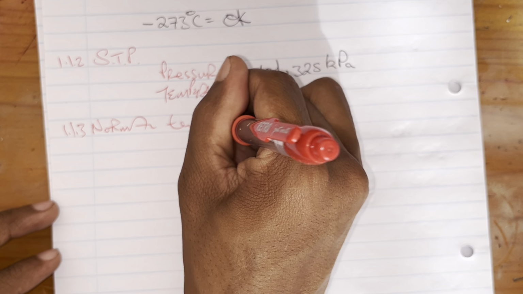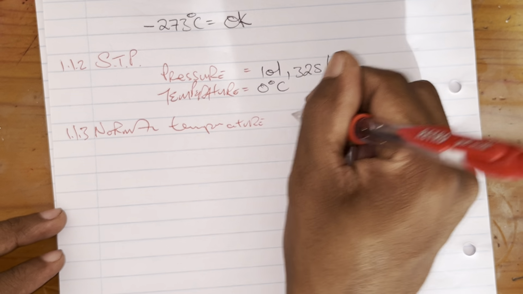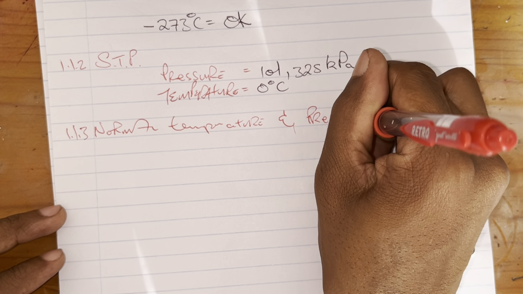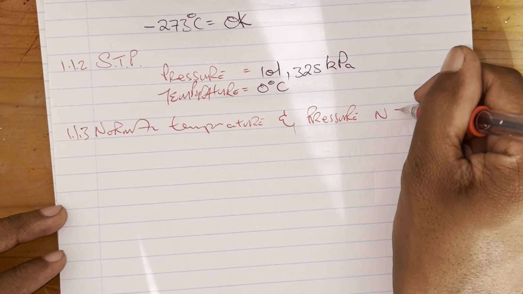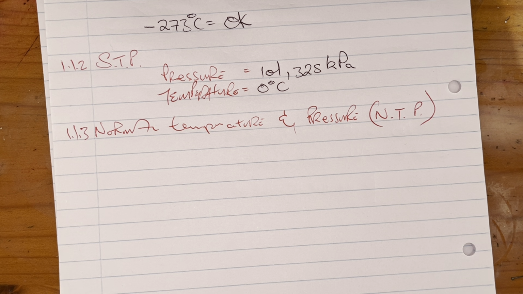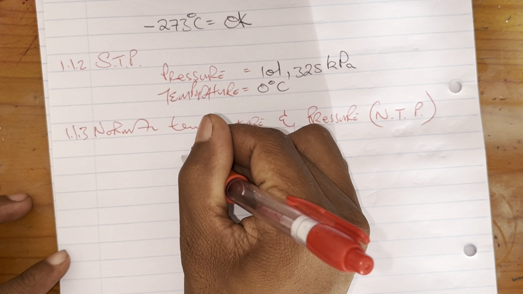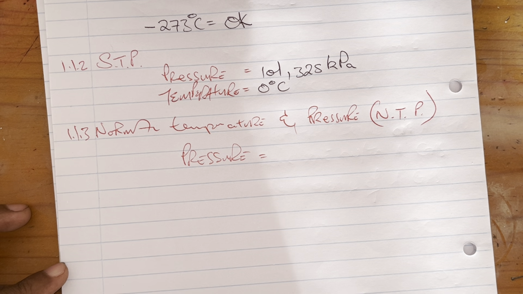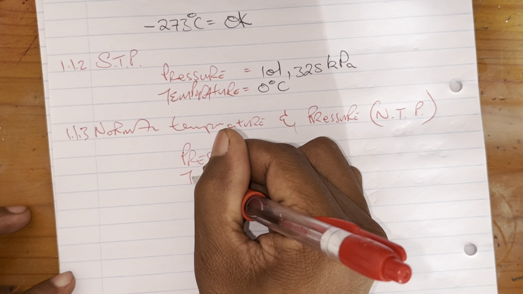Normal temperature and pressure is commonly used as a standard condition for testing and documentation of fan capacities, where we will talk about pressure and then we are going to talk about temperature.